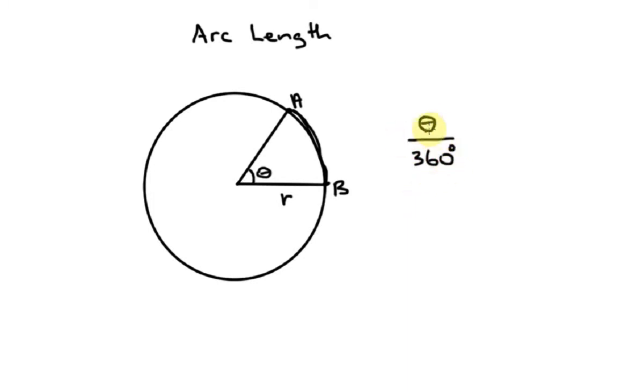So we're saying sector angle compared to full angle of a circle. That ratio is going to be the equivalent of the arc length AB compared to the full arc length of a circle, which is another way of saying the circumference of the circle. And the formula for that is 2 pi times the radius.